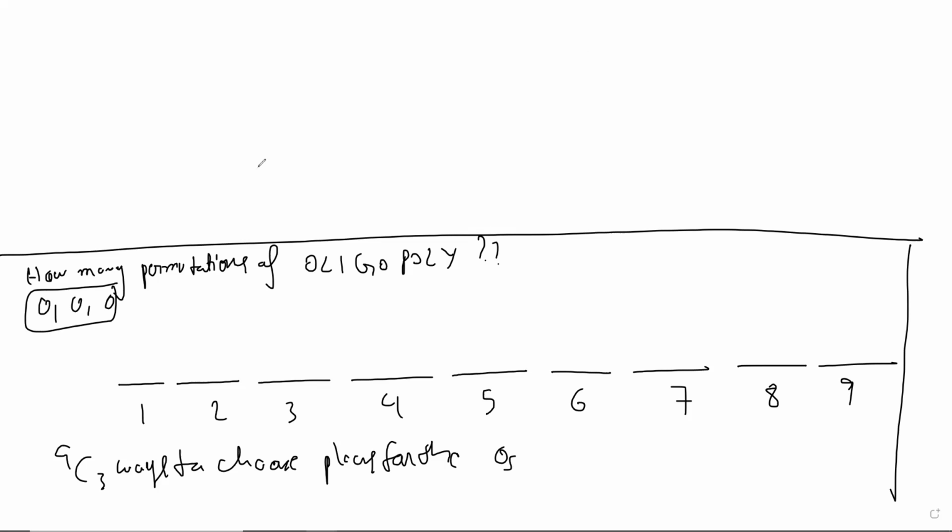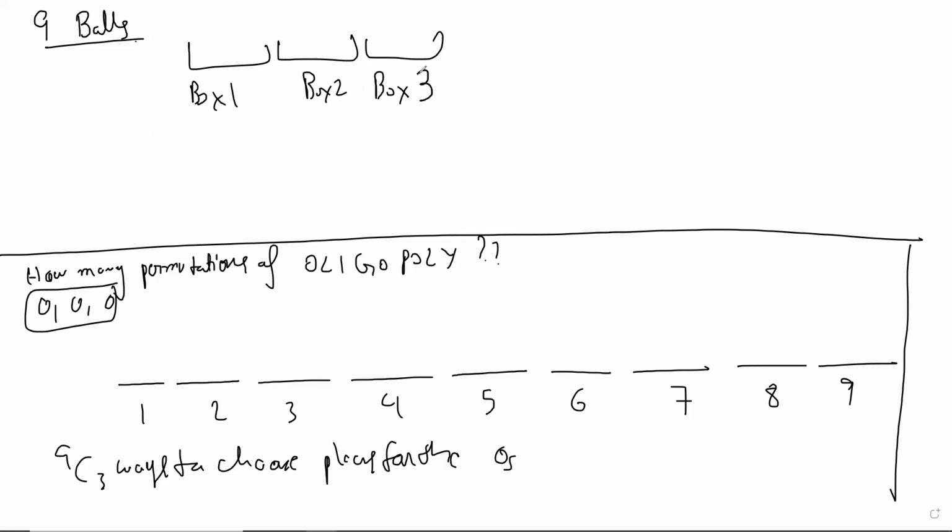This is something that we have already done, but let's just do it again. Let's say that there are 9 balls and 3 boxes. Okay, box 1, box 2, and box 3. Let's keep this simple for now. So 9 distinct balls, obviously distinct balls.